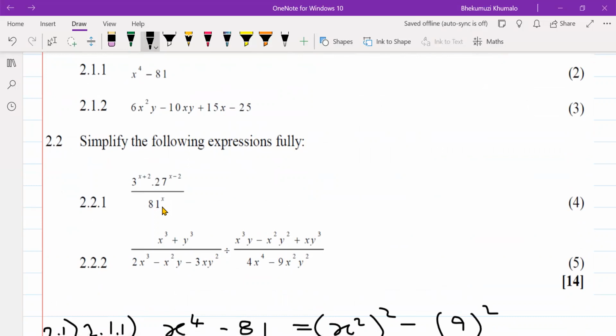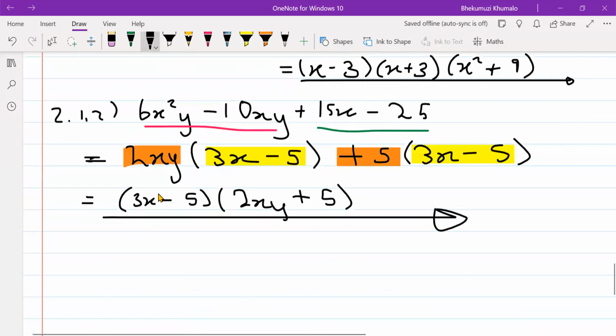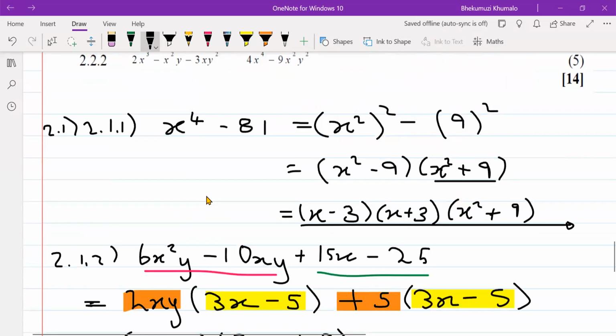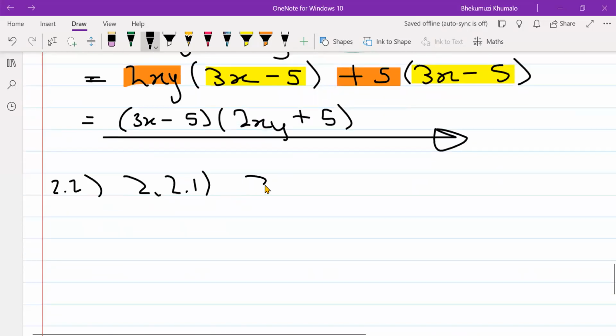So it's 2.2. Now we're going to look at basically an exponential simplification question, which is 2.2.1. And 2.2.1 basically starts off and says it's 3 to the power x plus 2, right?